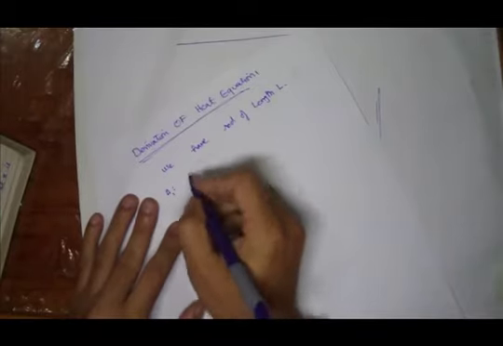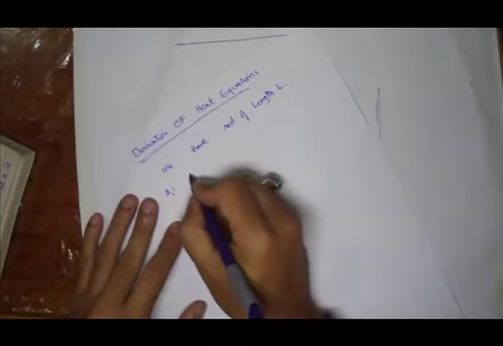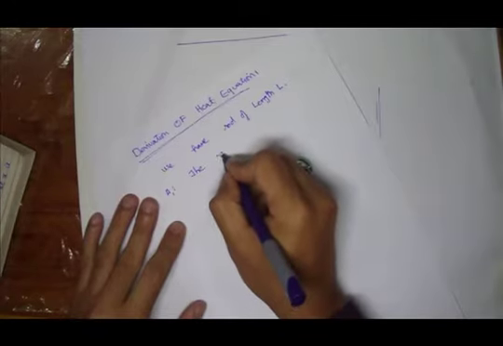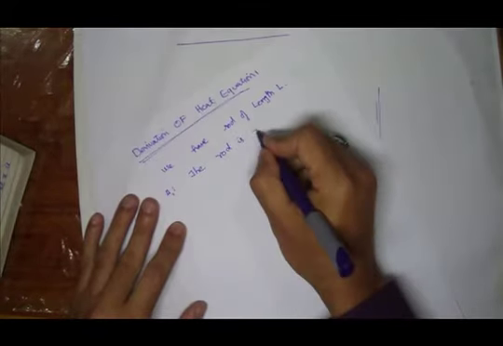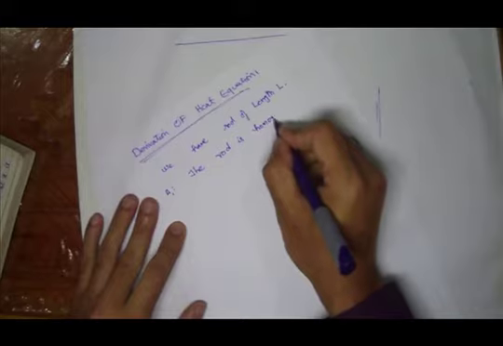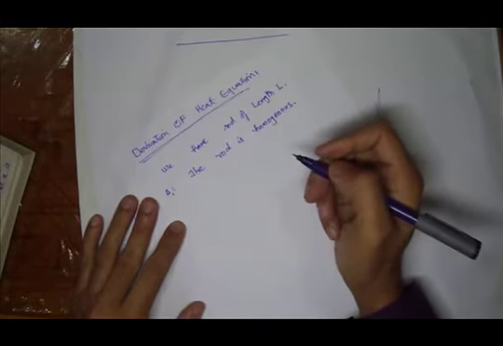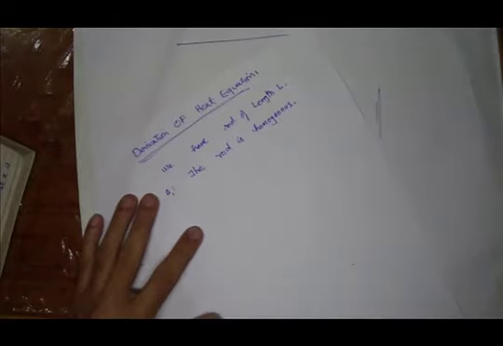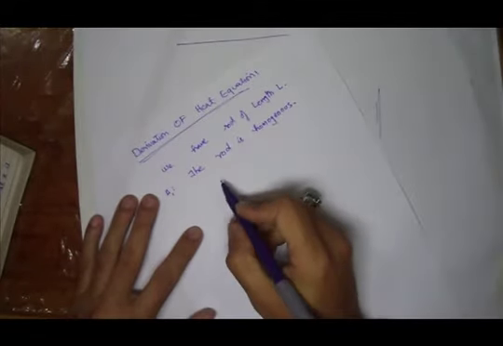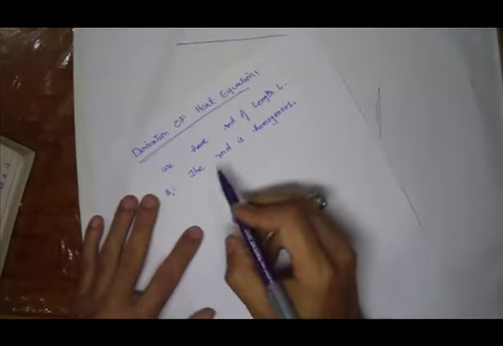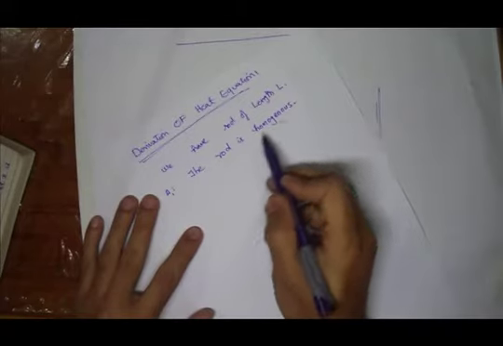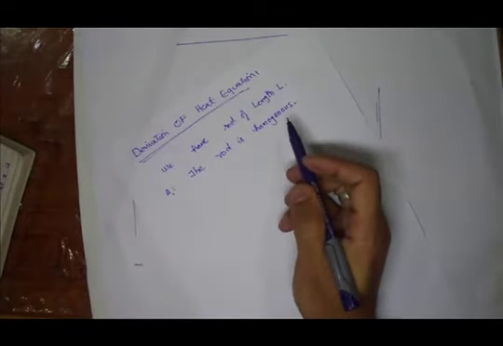Assumption A1: the rod is homogeneous. What does this mean? The specific heat of this rod is constant. It means the specific heat of the rod at each point is the same.